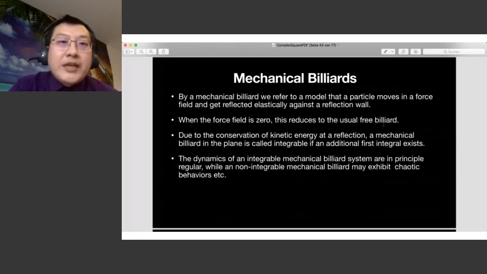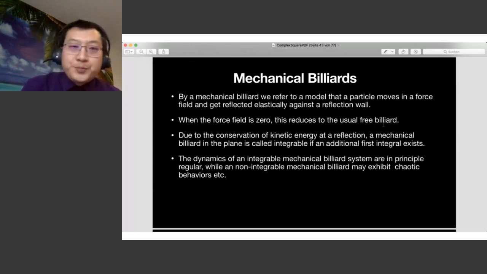As one might expect, if one considers the corresponding billiard mapping, we will have an integrable discrete mapping, and the dynamics of such an integrable mechanical billiard are in principle regular, while a non-integrable mechanical billiard may exhibit quite chaotic behaviors.